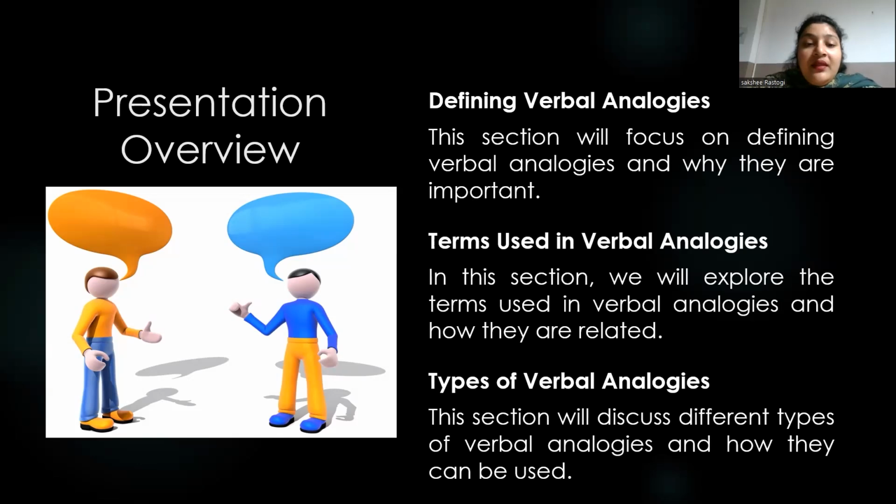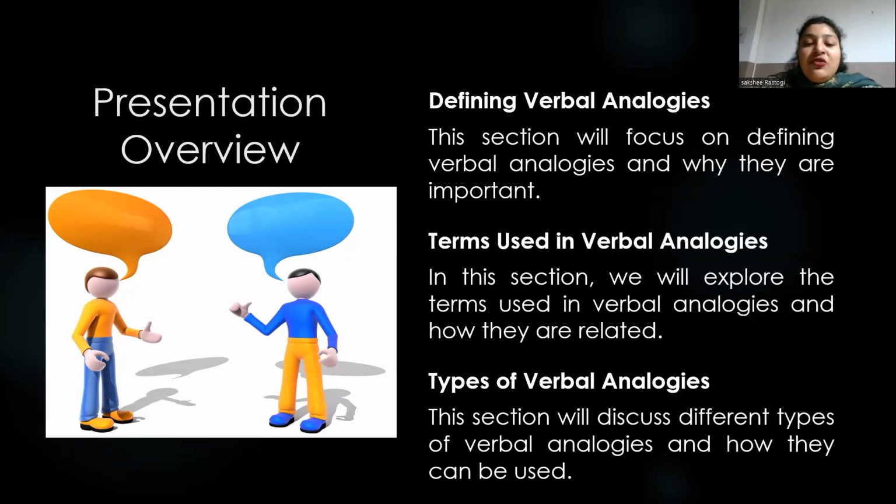Vocabulary building: they expose you to a wide range of words, phrases, and concepts, expanding your linguistic knowledge. Cognitive development: verbal analogies stimulate cognitive growth by challenging your brain to recognize patterns and relationships.